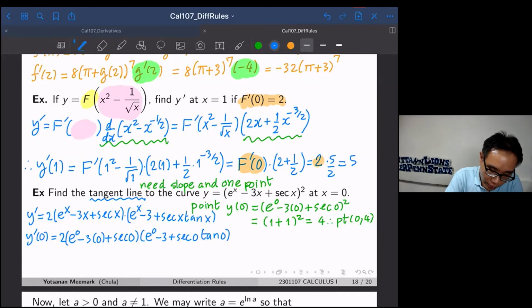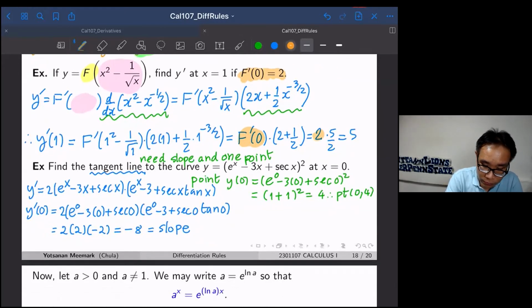So in this case this guy will be 2, and the second one would be again 2, and the third one will be negative 3 plus 1, so it's going to be negative 2, so it's going to be negative 8. So the slope equal to negative 8 in this case.